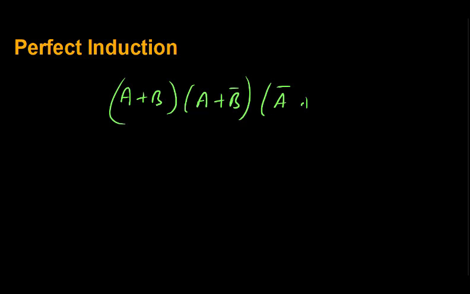Now next is the perfect induction method. This method is used to check the validity of a Boolean expression. So if we want to verify a relation, we can use this perfect induction method to check the validity of that equation. For example, suppose we have to prove this relation, a or b bar, and a bar or b, is equal to 0.